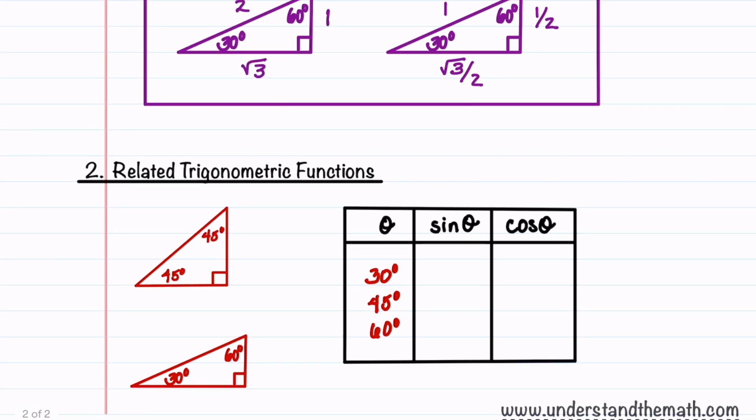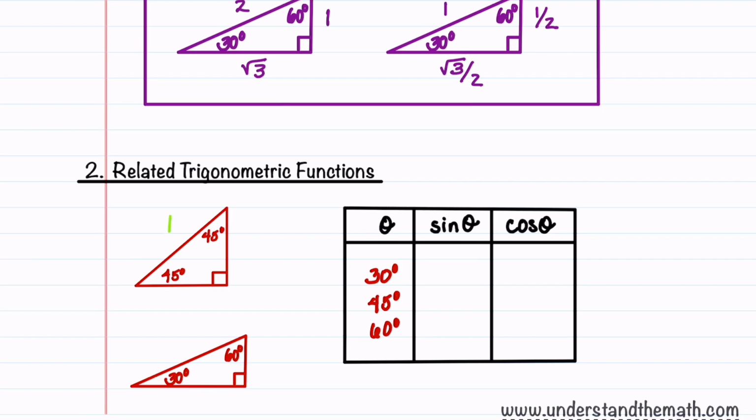We'll end this video by finding values for sine and cosine functions for these special angles. Let's start by labeling the sides of both triangles. I am going to choose to label the sides with a hypotenuse being equal to 1.